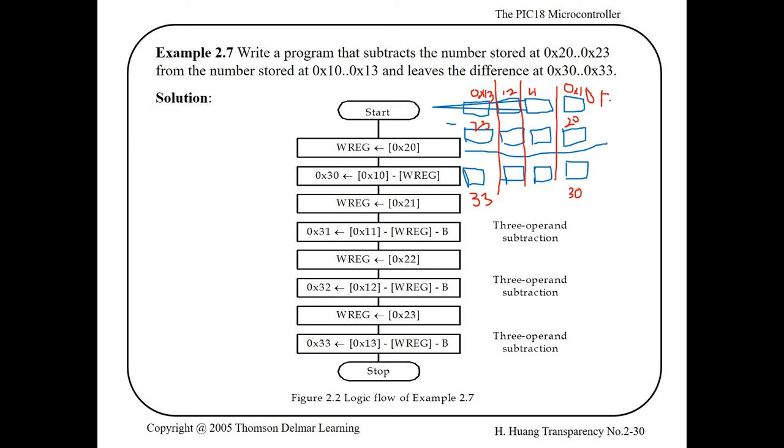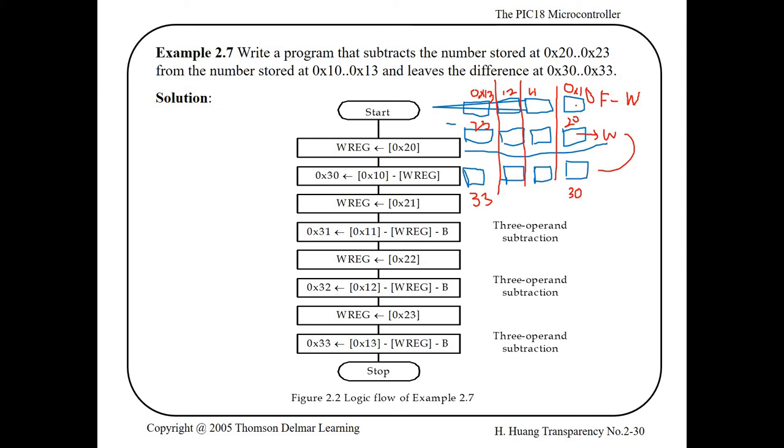F minus W, right? So out of this, which one should be in working register? The bottom one. So this one you need to be careful. You need to move the bottom one into working register, and then you perform subtraction, store the answer in working register, and from working register, you can move it to hex 30.